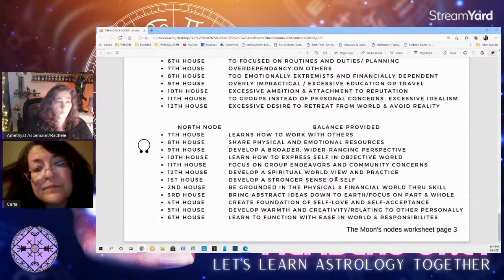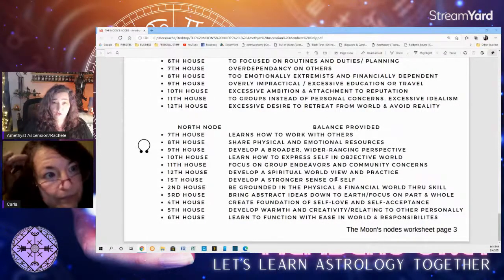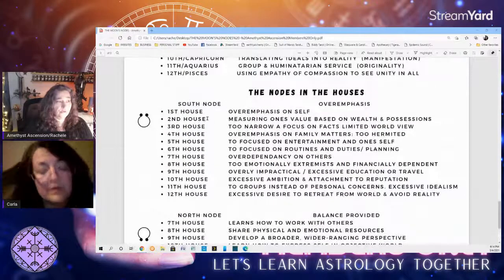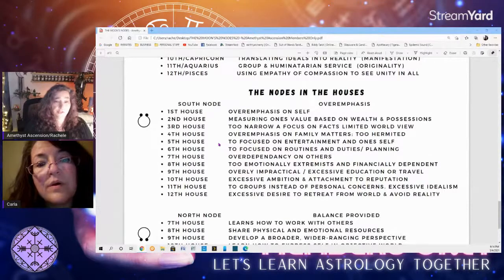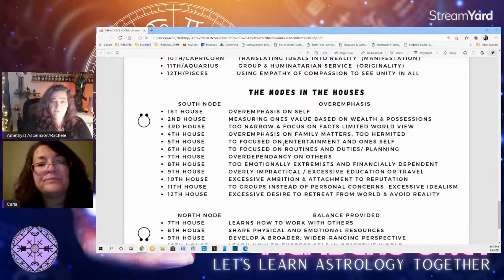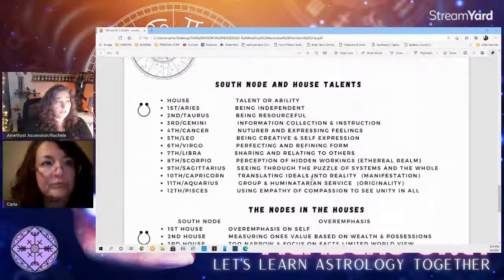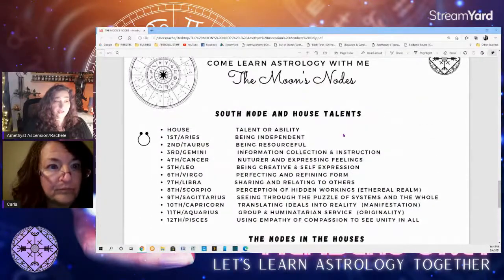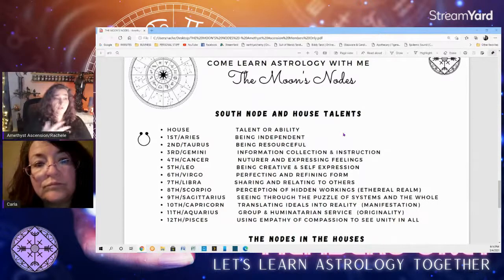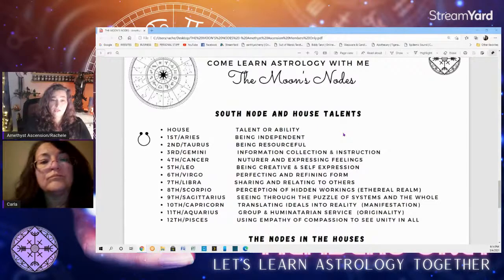So the 7th house learns how to work with others for the North Node. That's like the balance. Whereas the 1st house would carry your South Node, because they're directly opposite each other. So an overemphasis on the South means that your talent that you brought from your past life would have been something to do with being independent.